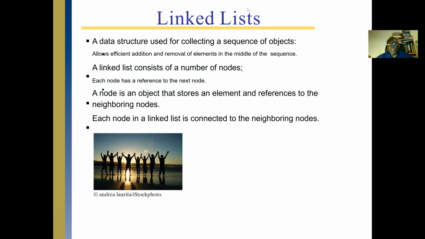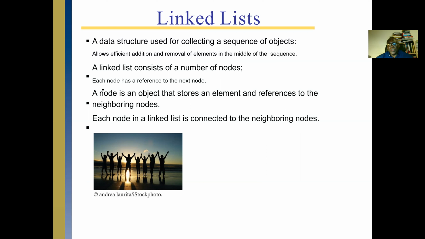Here we are talking about a very simple linked list. So two parts: the address of the next node and the data. Each node in a linked list is connected to the neighboring nodes. So the neighboring nodes that it is connected to must have the address. It's more or less like a pointer in the C language.